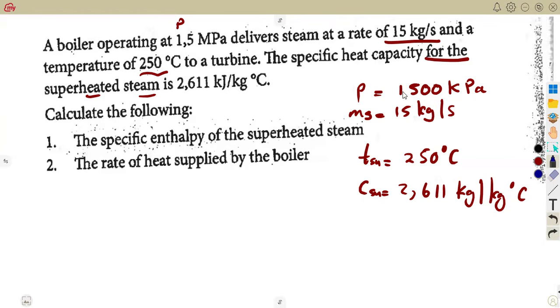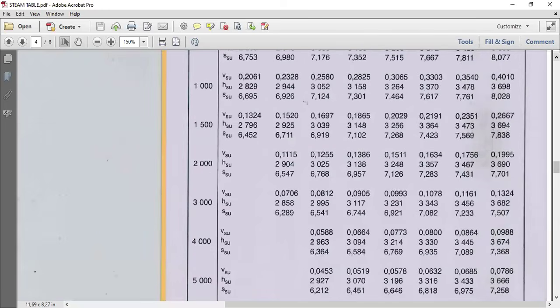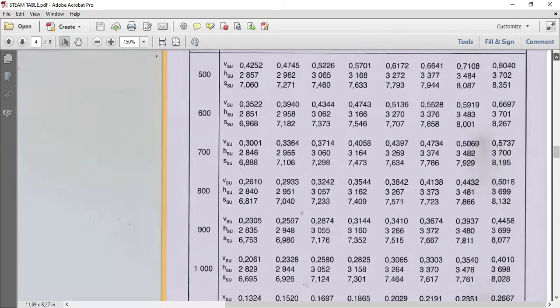If you check on your superheated steam, you will not find it. Okay, let's go back to our superheated steam table so that you understand me very well. Under the superheated steam table, remember this was our information.